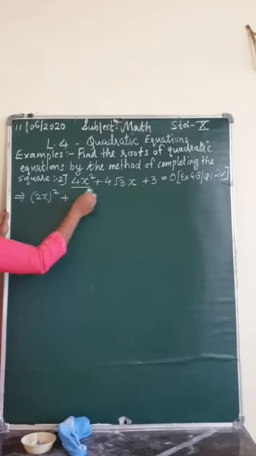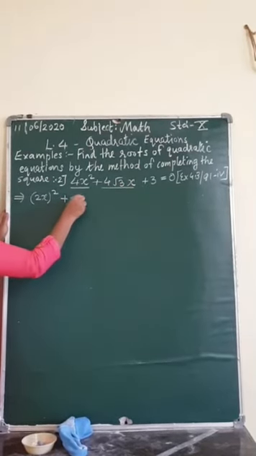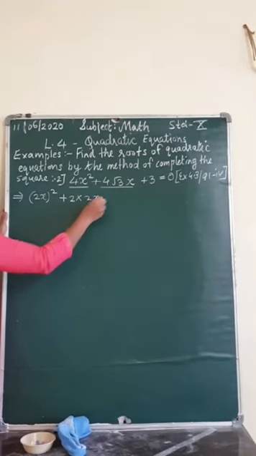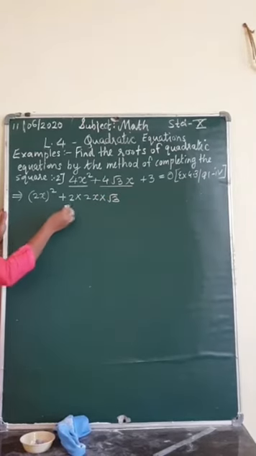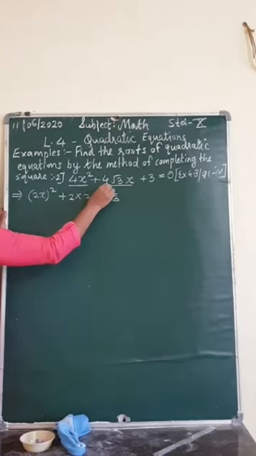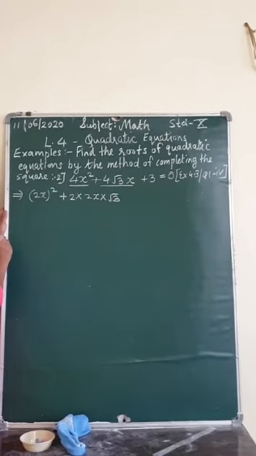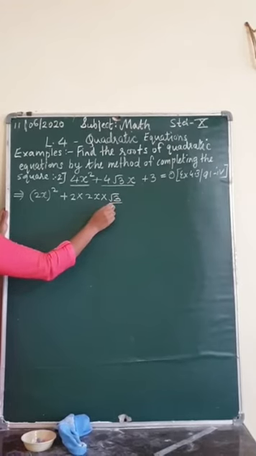So if you split this term in such a way that 2 into 2x into root 3, we get the same thing as 4 root 3x. 2 2s are 4 root 3x. It means the next term is root 3.